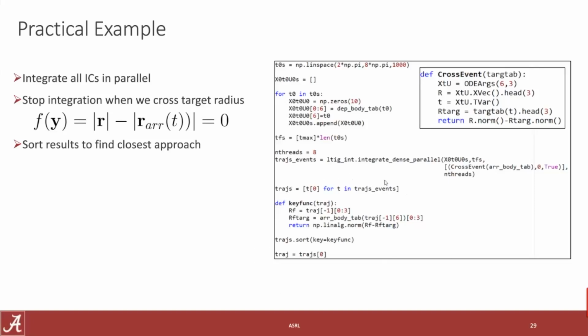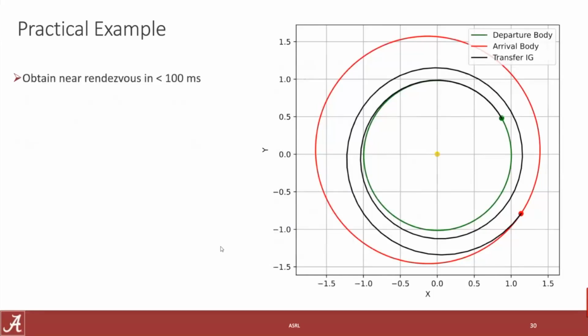It's just using Python to sort through our list of 1,000, compute where the arrival body is at the final state of our trajectory time. And essentially, we're just going to sort that entire list based on the distance between our spacecraft's integrated final state and the position of the planetary body. So that's all this section is, just using Python to sort through our 1,000 integrated solutions and find the one that ends up closest to the planet.